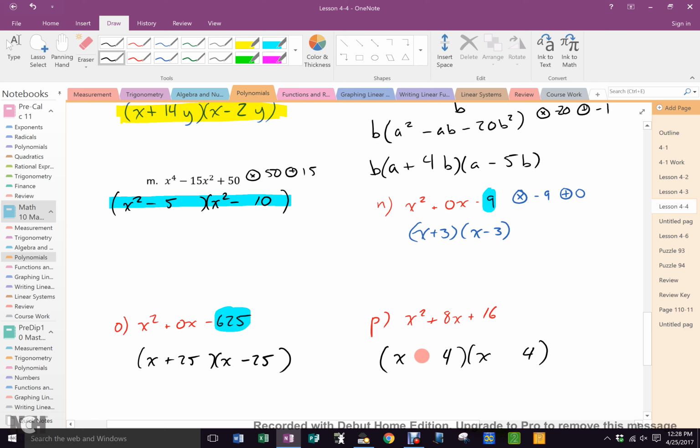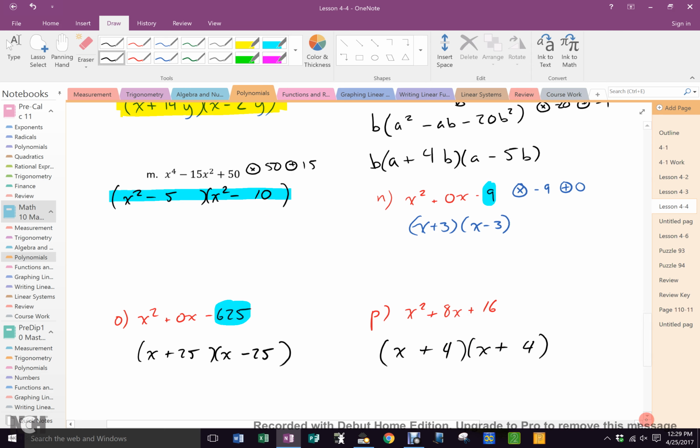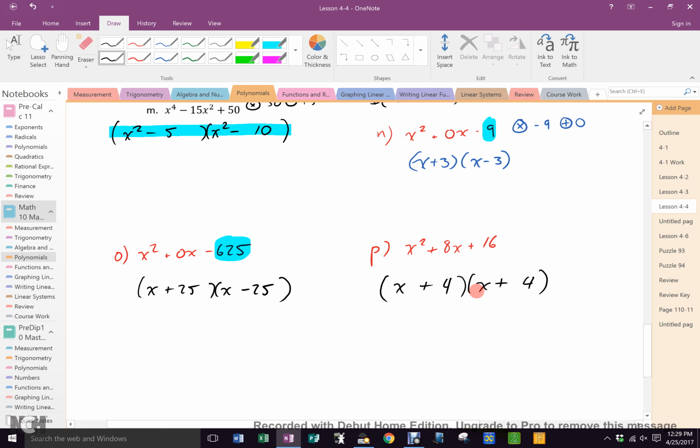So what does that make both of these? Positive. Easy peasy lemon squeezy, right? Nothing to it. The hardest thing is choosing those numbers that multiply to whatever and add to whatever. But if you know your times tables, you're in business, right?